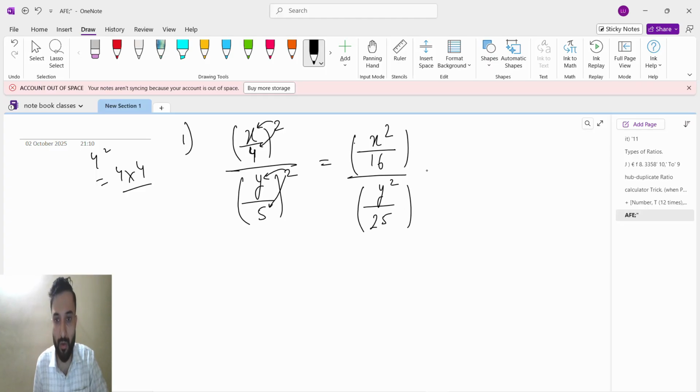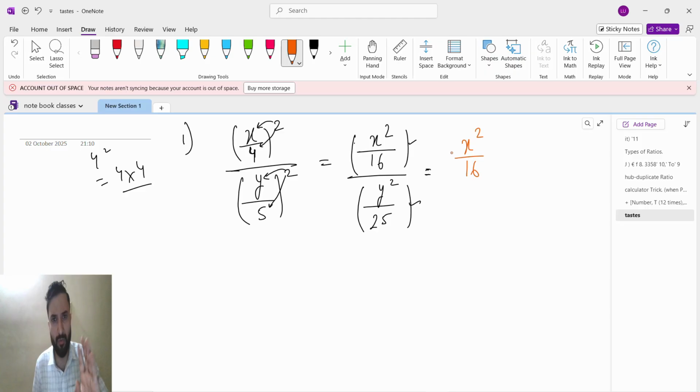Now we know this type of mathematics. The simple calculation is what we have to do. See, the numerator and denominator both are in fraction form. So we will write the numerator x square by 16 as it is.